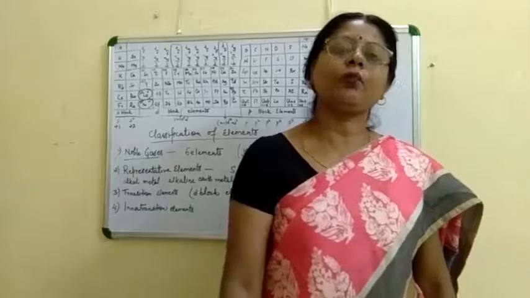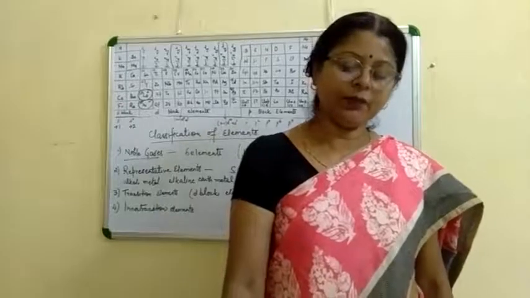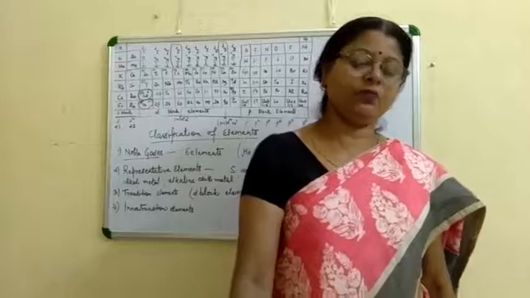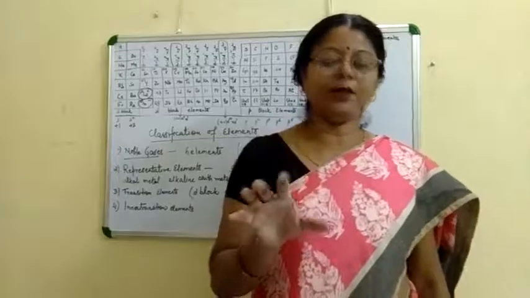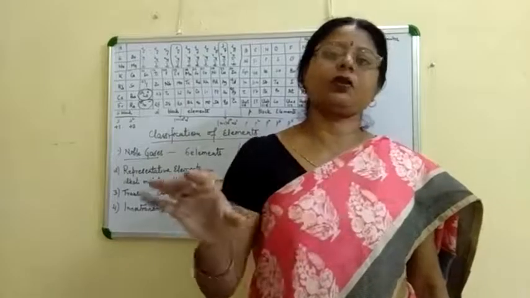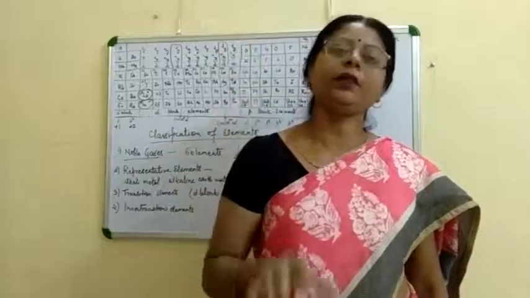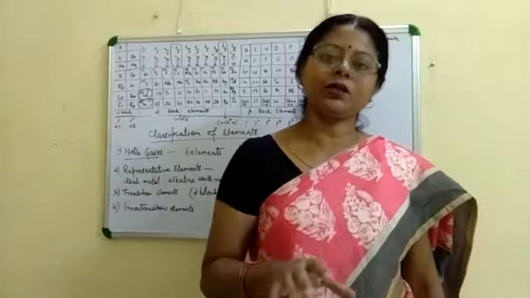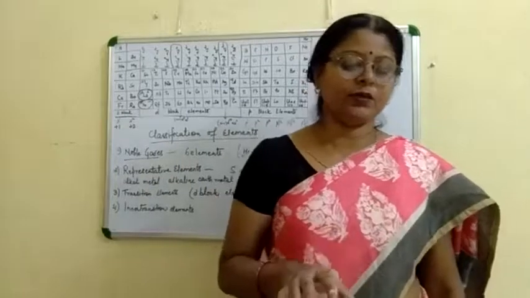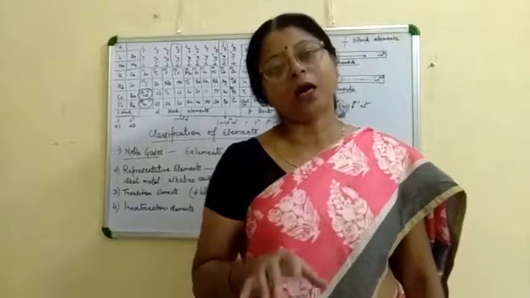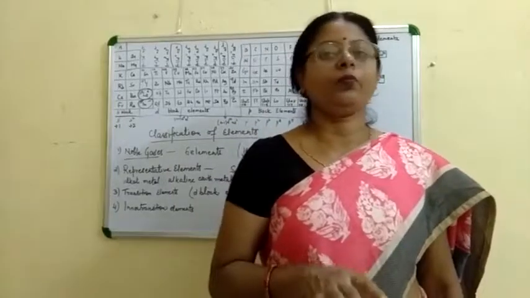All these are properties of the period. These properties have a general trend, meaning when we go across the period or down the group, elements have periodicity in these properties. These properties are known as periodic properties.